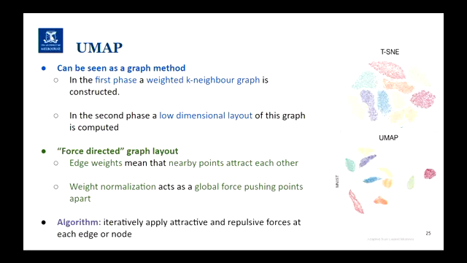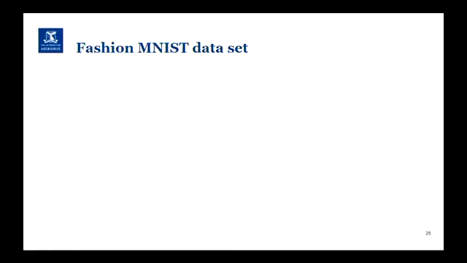The algorithm basically iteratively applies attractive and repulsive forces at each node, okay? And if you compare stochastic neighbor embedding with UMAP, you usually get better, well-defined clusters with UMAP, basically because it's using this force-directed graph, and it's also considerably quicker.